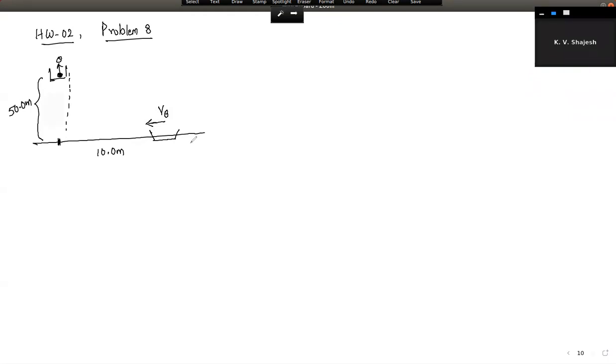And it turns out that the key exactly falls inside the boat. So that means the amount of time the boat takes to go 10 meters is the same as the amount of time the key falls from the vertical height. So the boat is going with uniform velocity, and as far as the key goes, that's uniform acceleration.